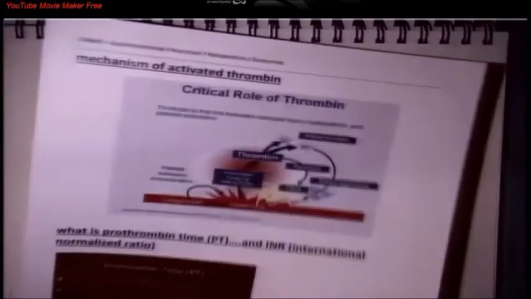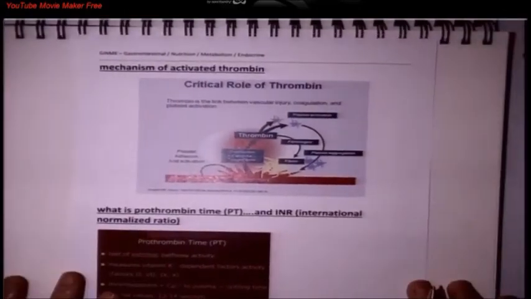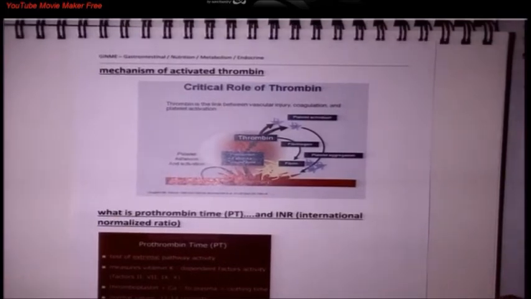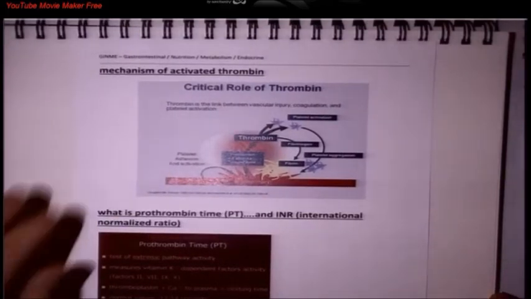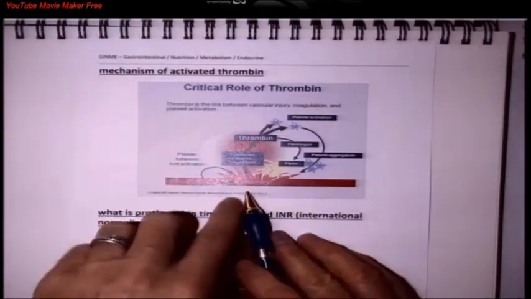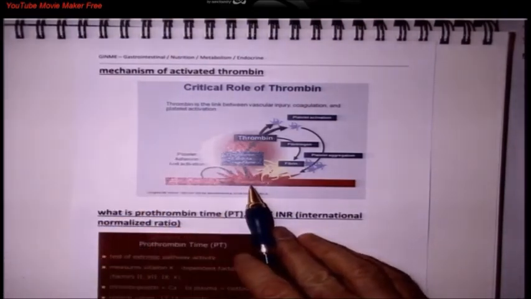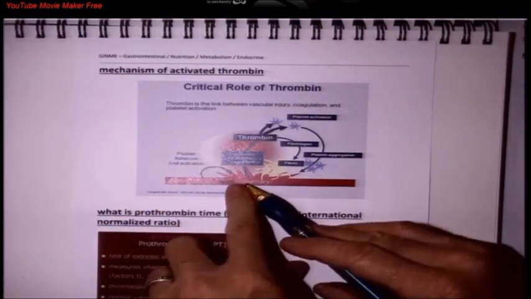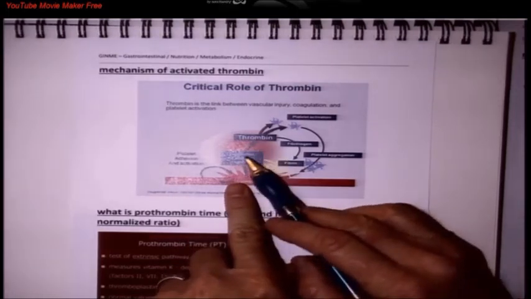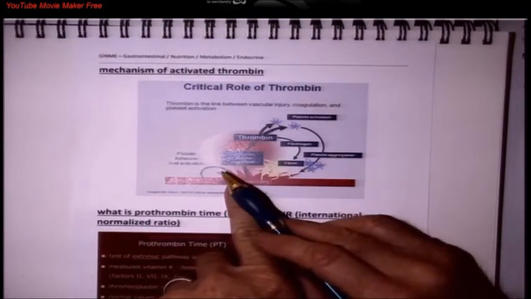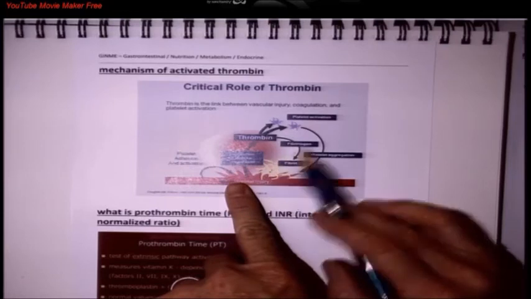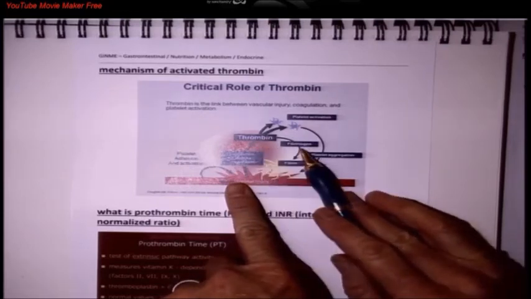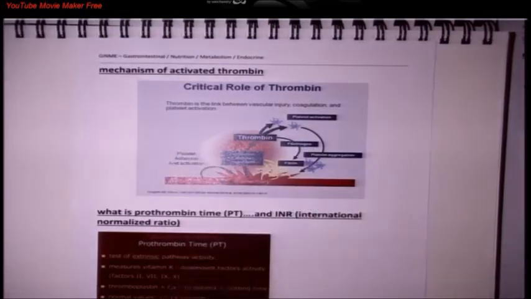Now, I've got this up here as just a reminder of a couple of our important end stages of our clotting reaction. If we have a vessel injury, that vessel injury is going to activate the conversion of prothrombin to thrombin, leading to platelet activation. The thrombin will cleave fibrinogen to fibrin. The fibrin lays down the clot.